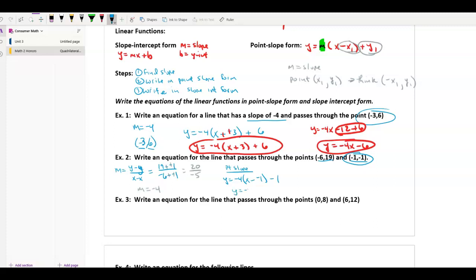Now I would bling bling this to get -4 times x plus 1 minus 1. This is point slope form. Now another answer for point slope form would be y equals -4 times x minus -6, bling bling it, plus 19. Both of these would be answers for point slope form.